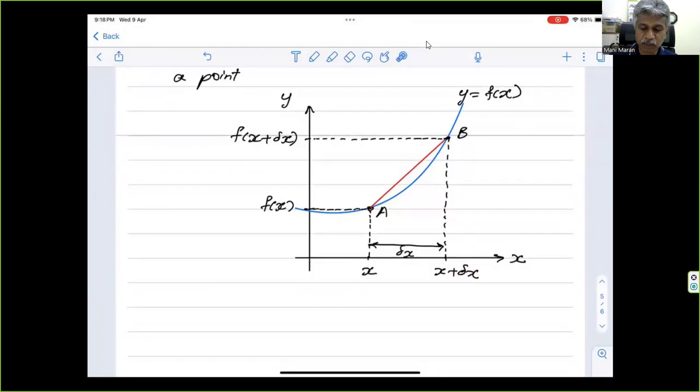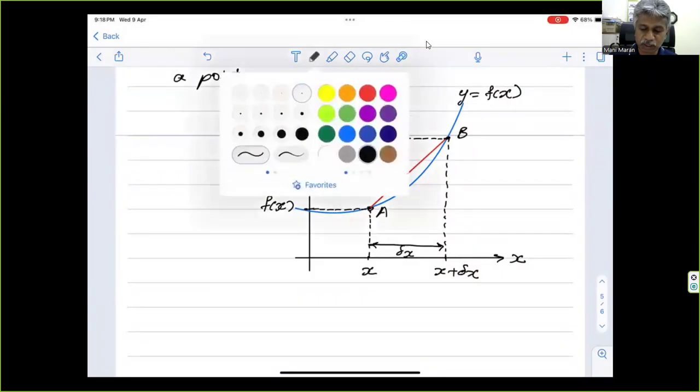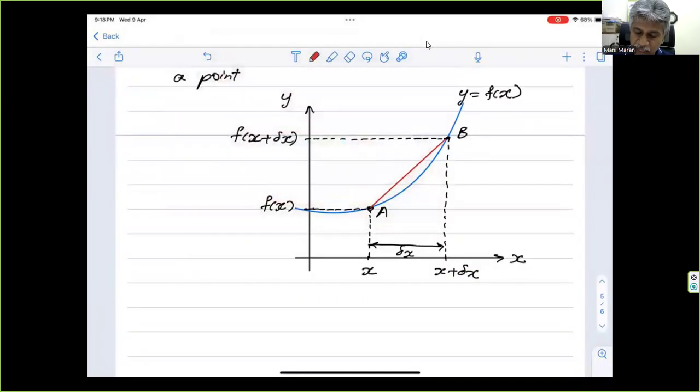So what are we doing here? We want to find the gradient of line AB. So we draw a dotted line here, and then another dotted line here. This is 90 degrees. The vertical distance to this point is f of x plus delta x, and to this point it is f of x.